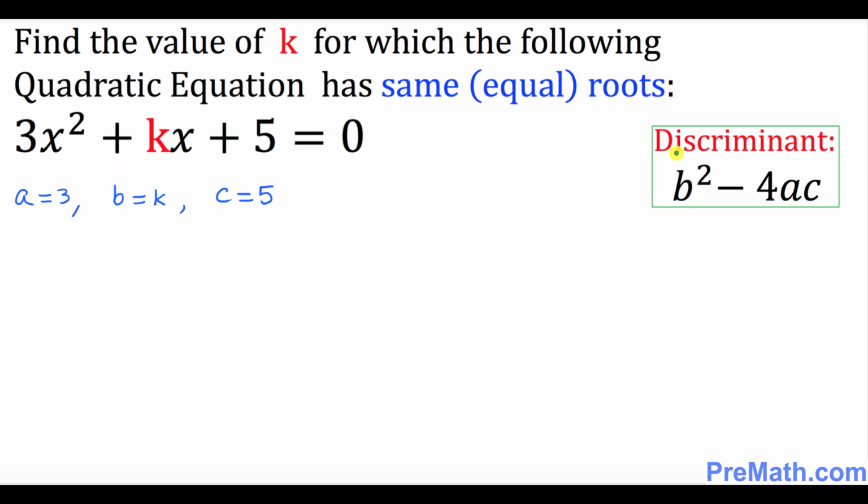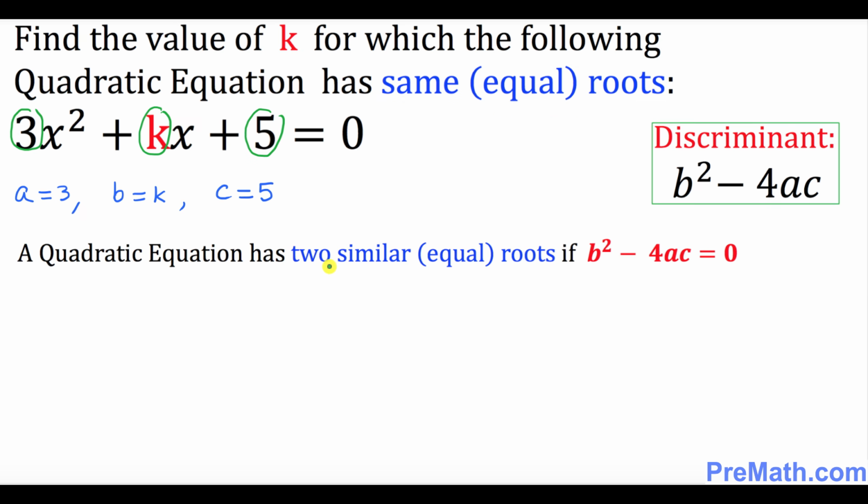Always remember that the discriminant is equal to b square minus 4 times ac, where in our case a equals 3, b equals positive k, and c equals positive 5.